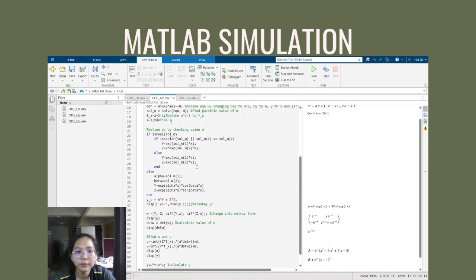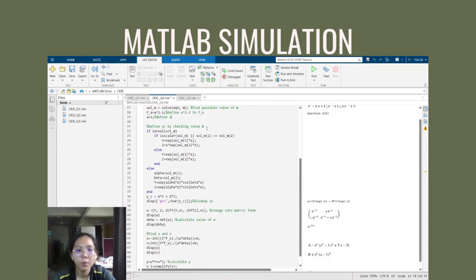We define the yc by checking the value of m, where m might have three cases: a real number, and not a real number, which is an imaginary number.